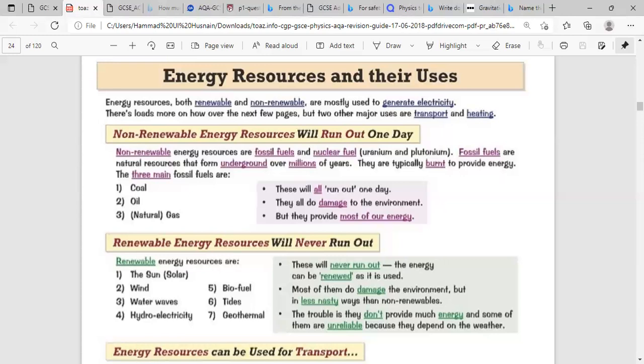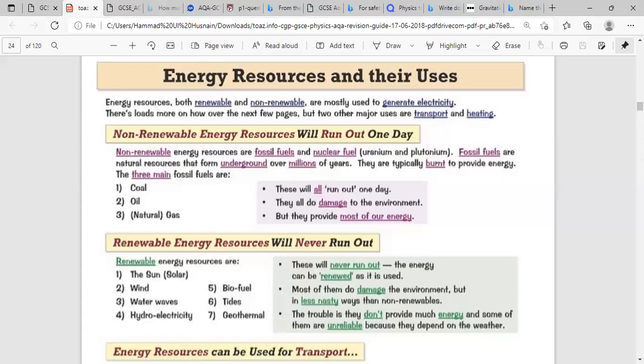We pay that cost, but they provide most of our energy, and they are still more useful because they are in abundance, and we can take more energy from these energy sources, right?